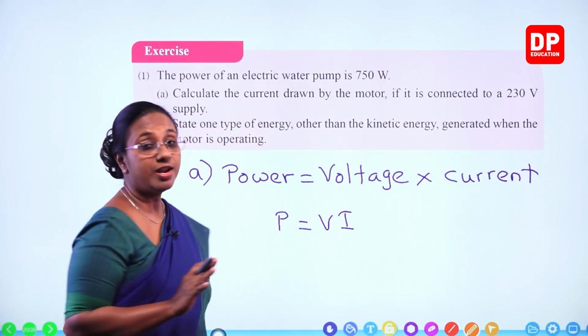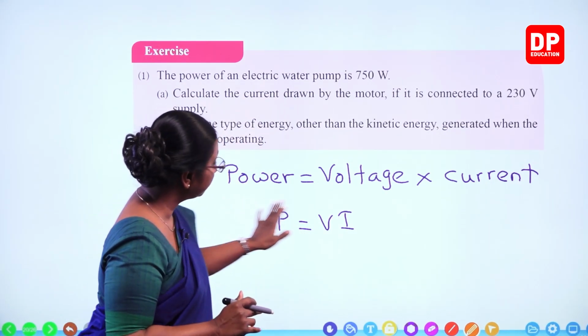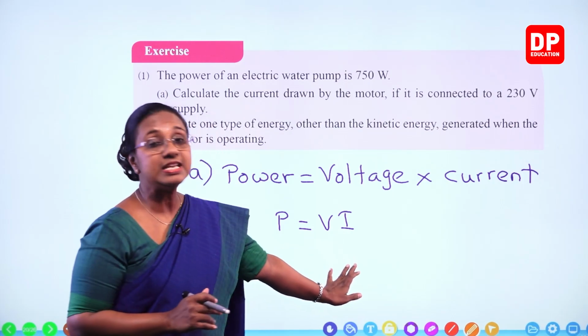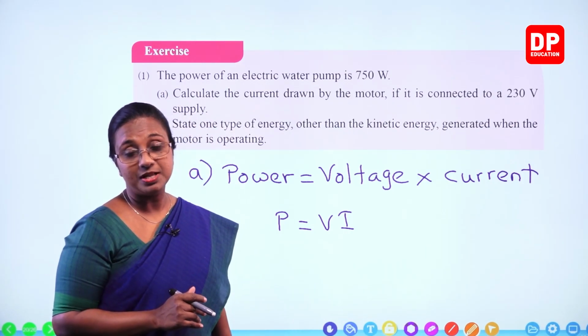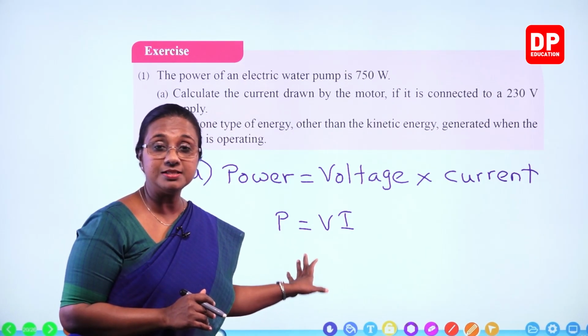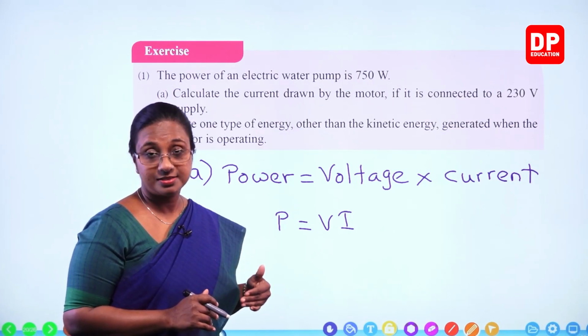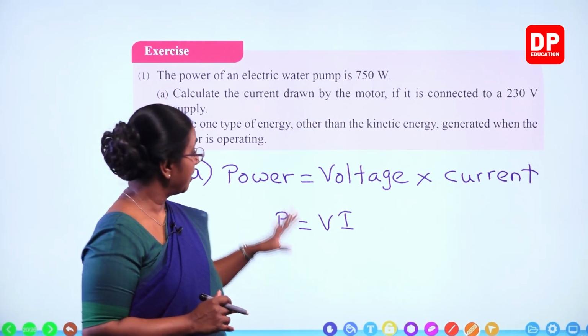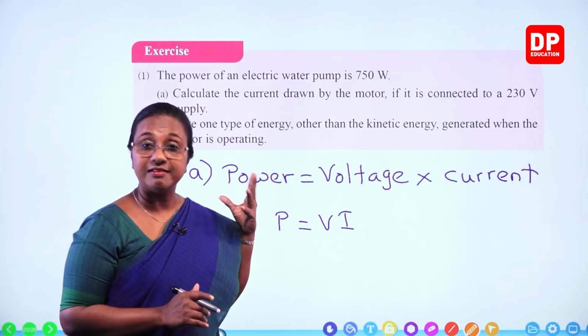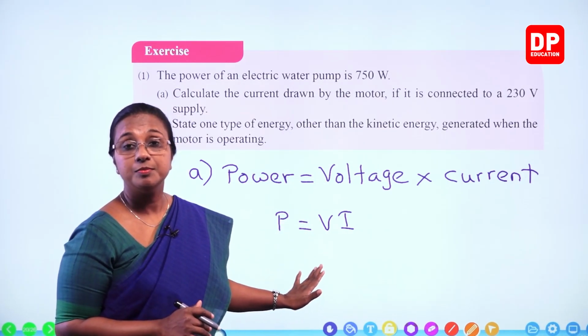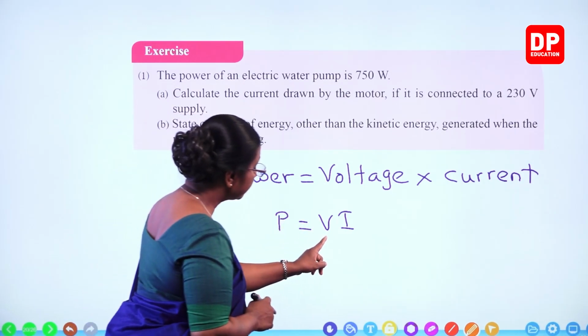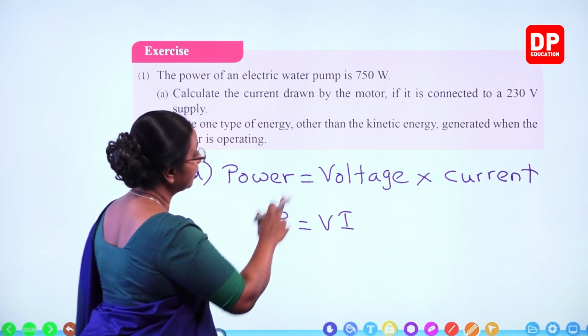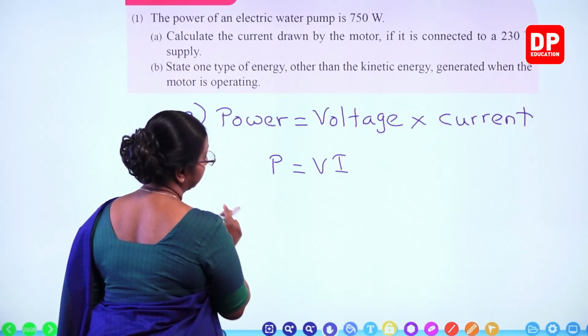Now, students, when you are doing the calculation, you don't have to write the equation in words and symbols. You can directly use the symbols and do the substitution and calculation. But for you all to recall and remember, I have written both. So, power equals potential difference into current. We know the power.